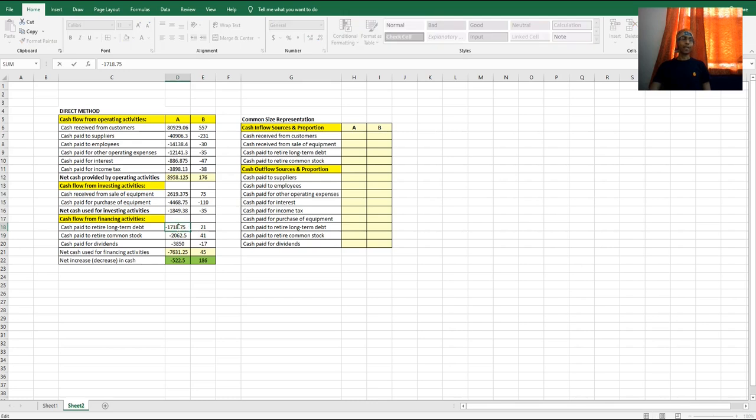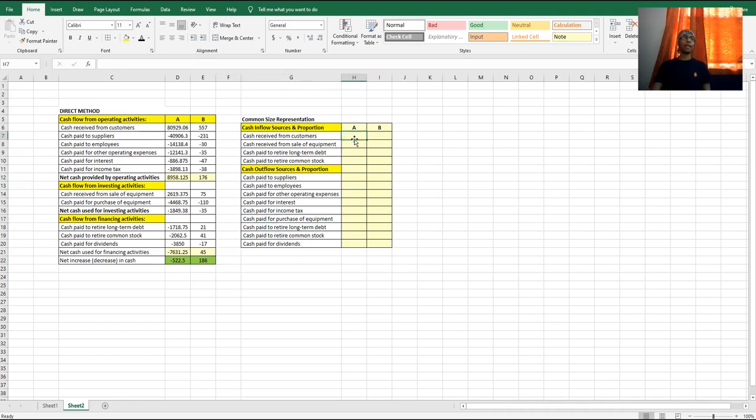So this means they have retired debt, which means there has been cash outflow. Similarly, cash paid to retire common stock. Here there is a reduction for A, 2062.5, but for B, there is inflow, 41 million. So we have to mention it in both. And where there is no outflow, we mention just 0, because this will be 0 proportion.